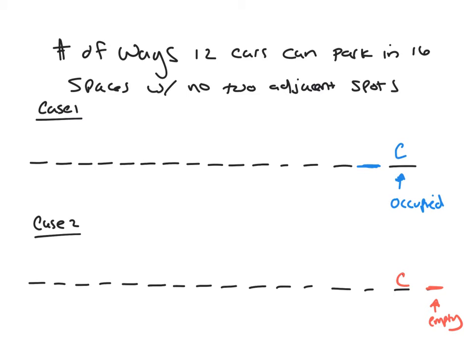So, for instance, just so I can draw something down, I'm going to put a space here. I'll put a car here, a space here. Sorry, that's not what I meant. I meant a space here, a car here. So that's 2 available spots, 3 and 4, right? There are my 4 spots.